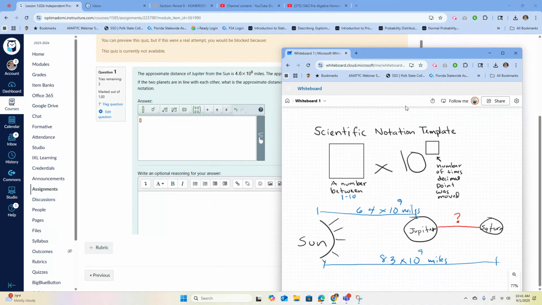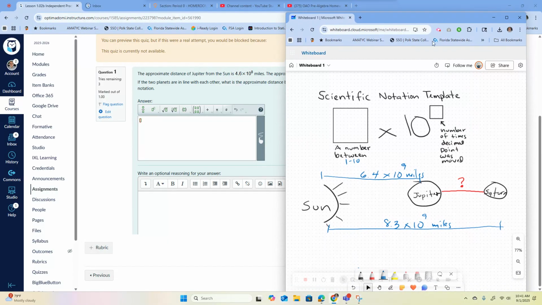Now, when you are working with numbers in scientific notation and you want to add or subtract them, you need to make sure that the power of 10 has the same exponent. Because if they don't have the same exponent, you're going to have to do something extra before you add or subtract.